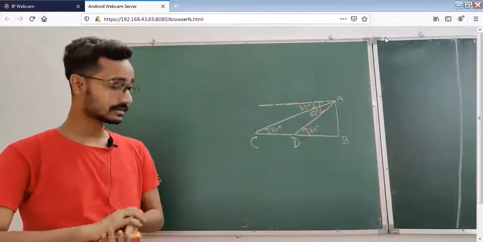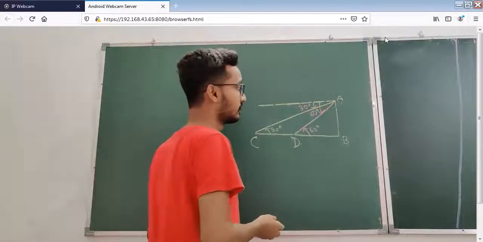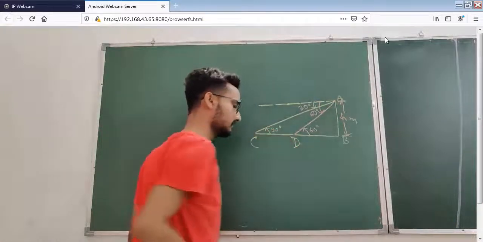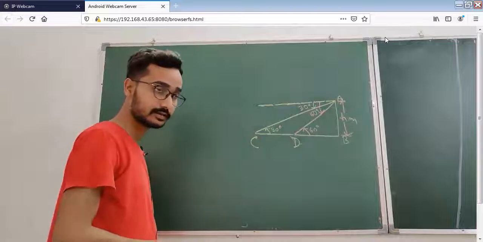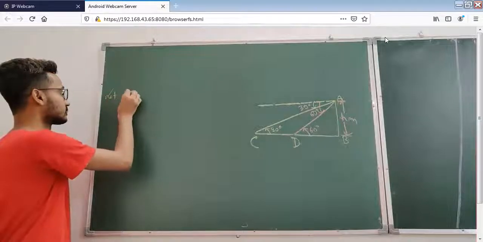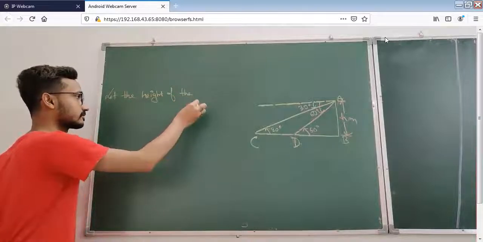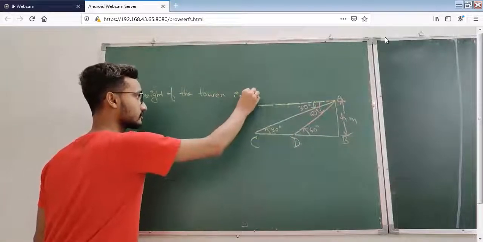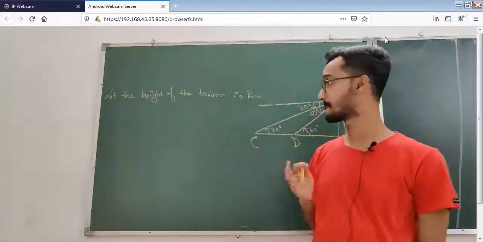Write down: let the height of the tower be h meters, and the speed of the car be x meters per second.